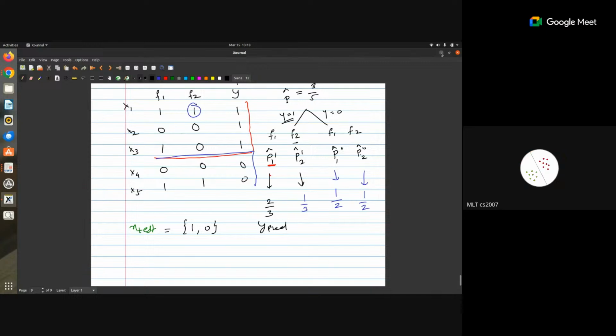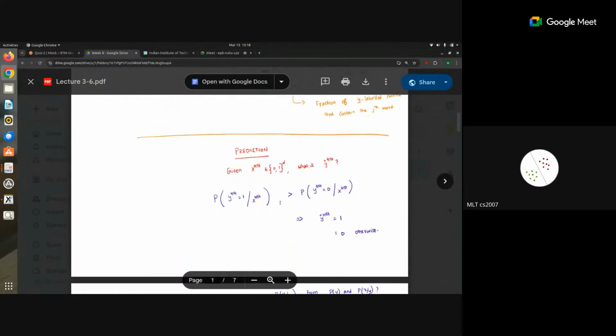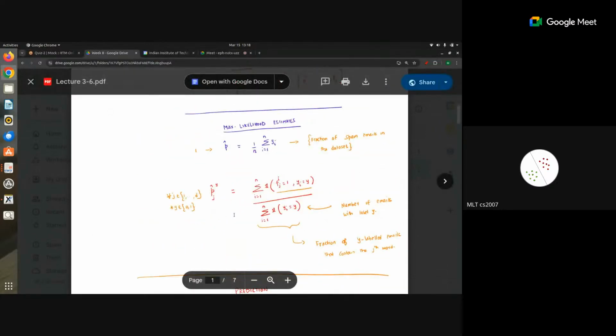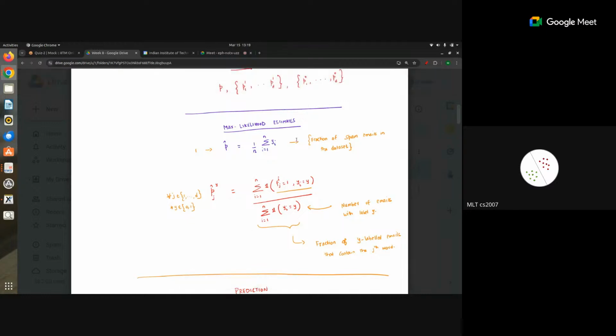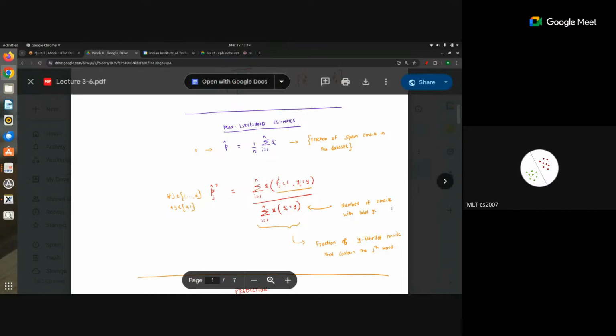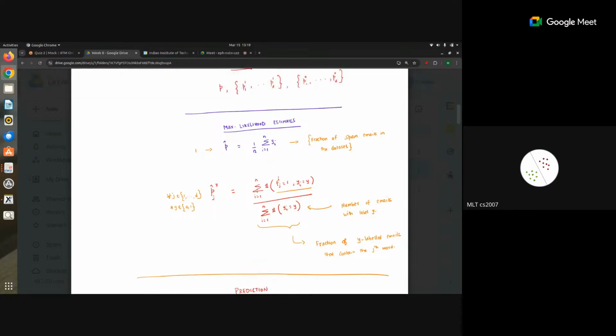Okay, I think we will have to understand this. We have found out all these estimators. Do you agree with this part? Did we do the same thing there? Do you understand this notation? What does this notation correspond to?